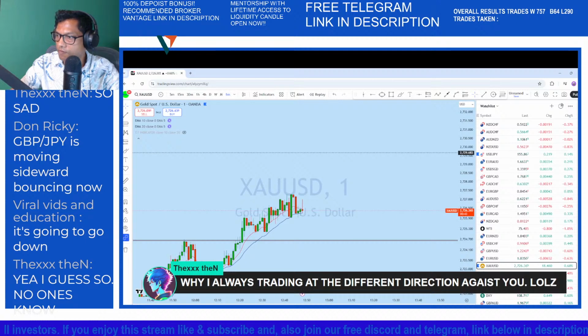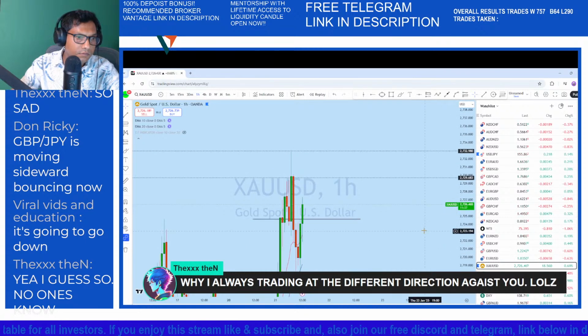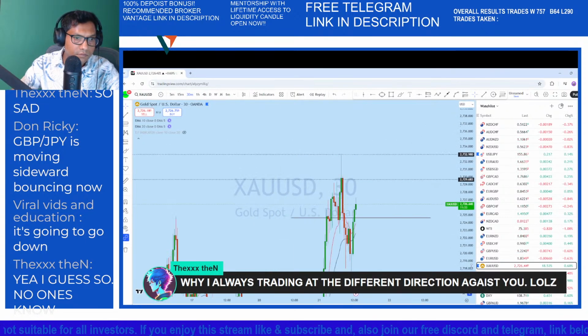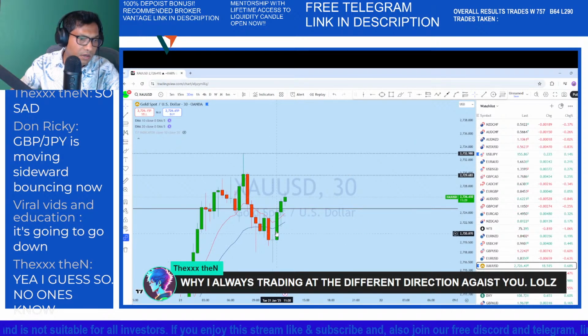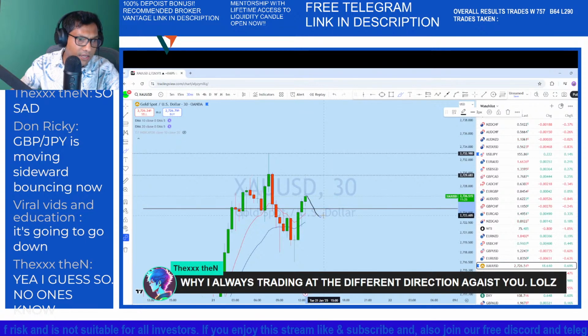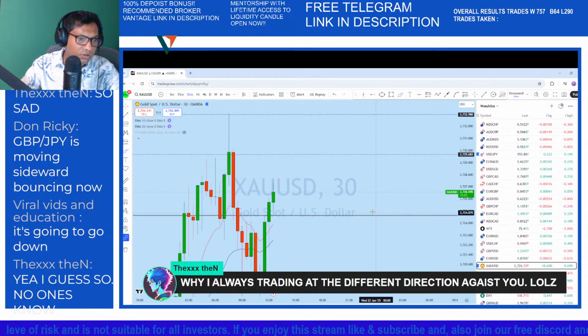On this one, we can see a bounce, expecting a pullback, and then again another bounce.